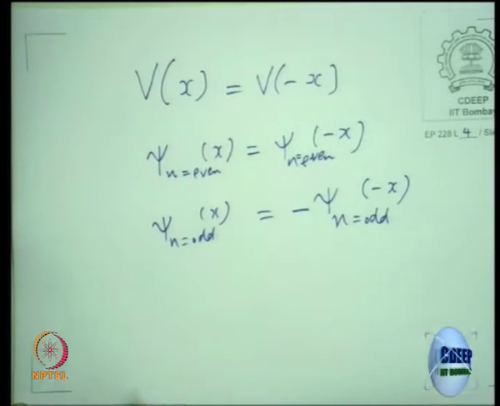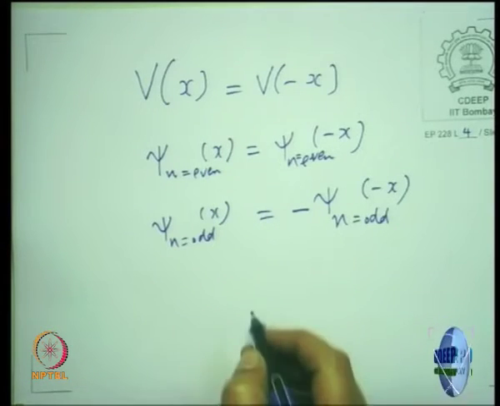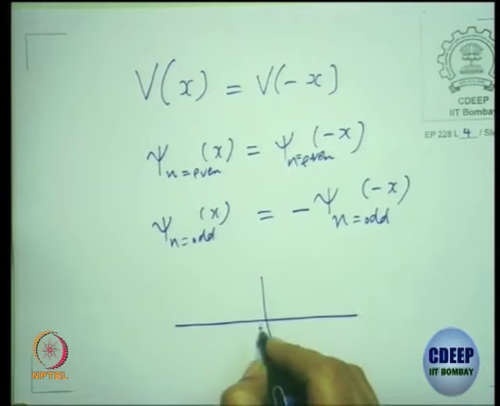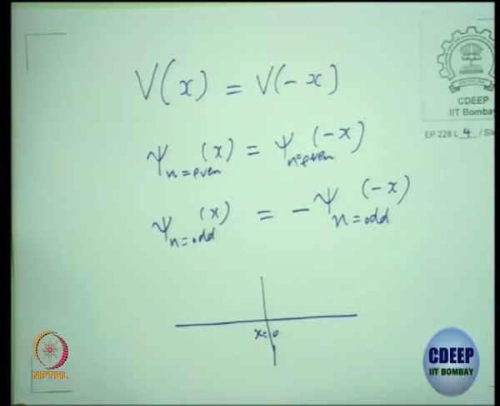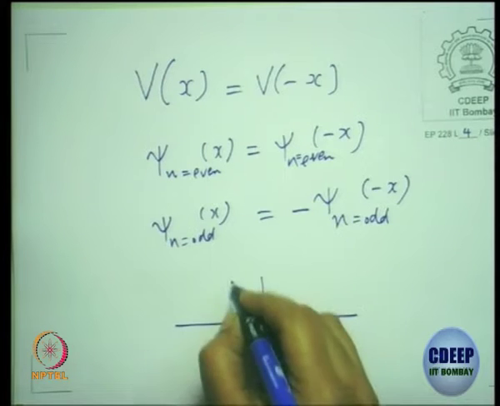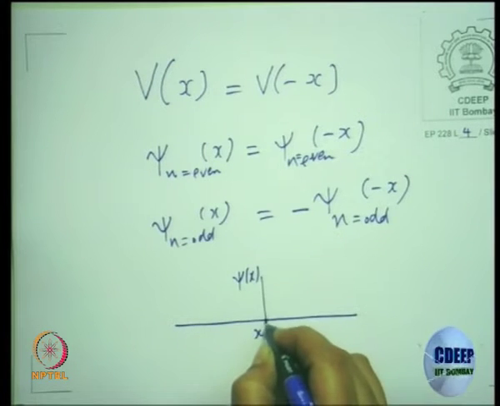Okay. So you can have situations when it is an odd function. Suppose we are looking at an odd function at, let's do the plot here, at x equal to 0, an odd function has to be 0.